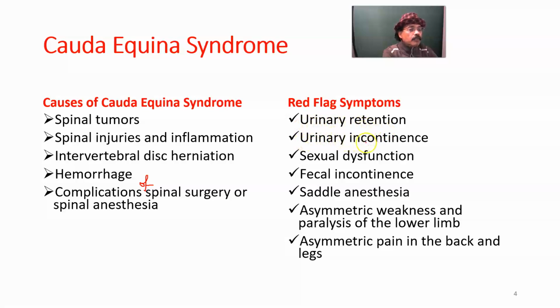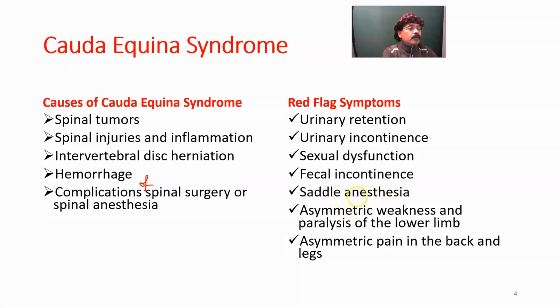Urinary incontinence, again that is S2, S3, S4 dysfunction. Sexual dysfunction: there may be impotence, male impotence, or a problem in ejaculation. Fecal incontinence, because the anal sphincter may not work properly.